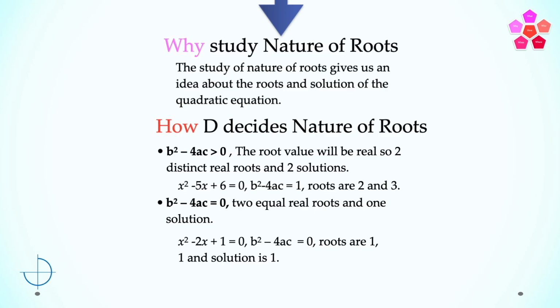And the last case, b squared minus 4ac is less than 0. In this scenario, there will be no real roots. An example would be x squared minus 2x plus 5 is equal to 0. If we see the value of b squared minus 4ac, it is less than 0. So there will be no real roots possible for this quadratic equation.